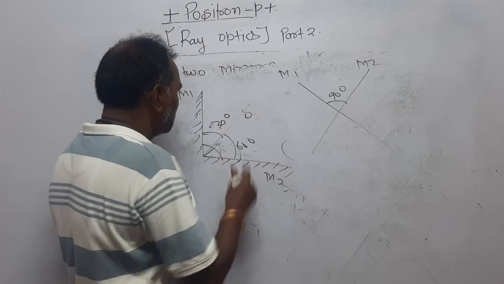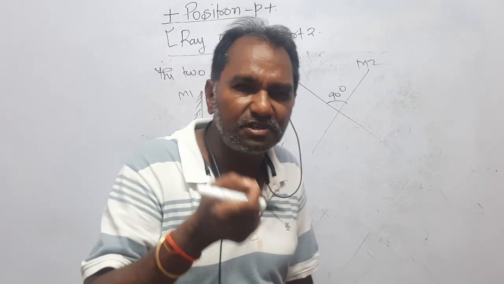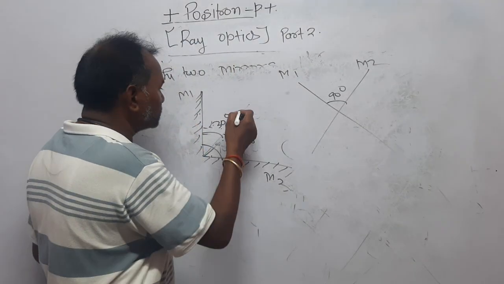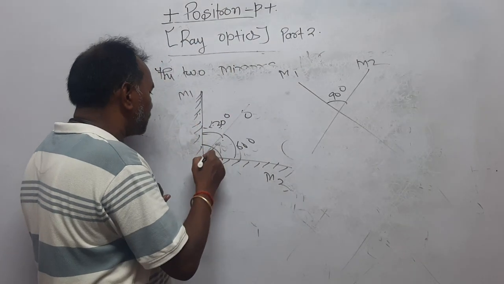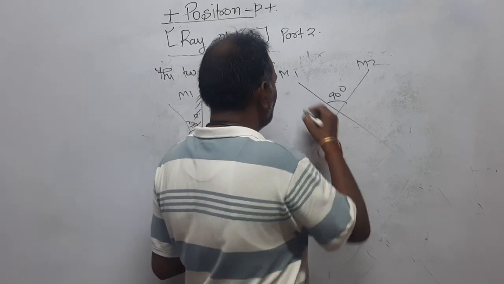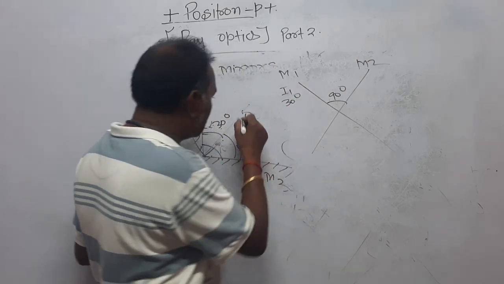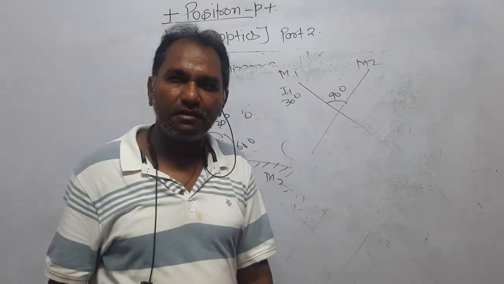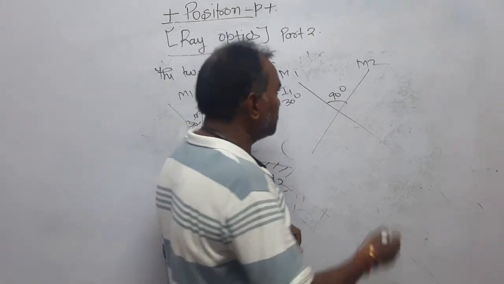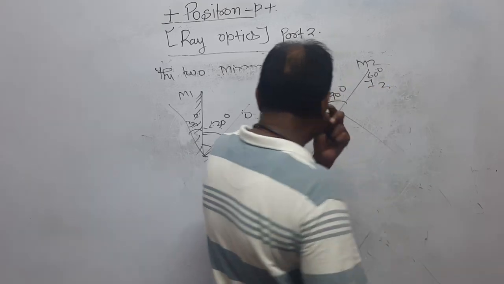The object is at 30 degrees from mirror M1, on a line making 30 degrees from plane mirror M1. So the image will be created on a line making again 30 degrees from mirror M1, let it be I1 at 30 degrees. And the object is at 60 degrees from M2, so the image by mirror M2 will be made on a line making 60 degrees, let it be I2, right?